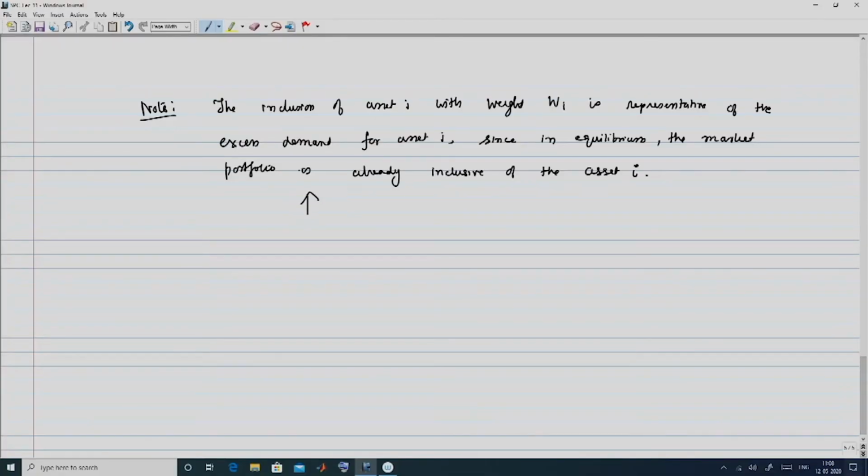Okay, so graphically this is going to look something like this. I look at the sigma P, E R P plane, and this is R F, and this is going to be my point of tangency, which is the market portfolio M, and this is the capital market line. I will take this curve to be EF to indicate that this is the efficient frontier.